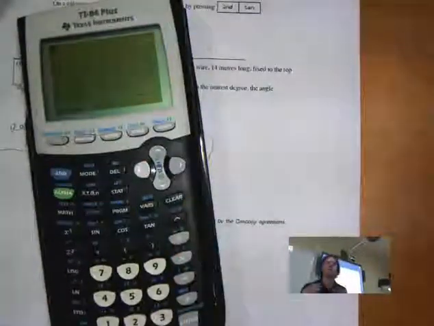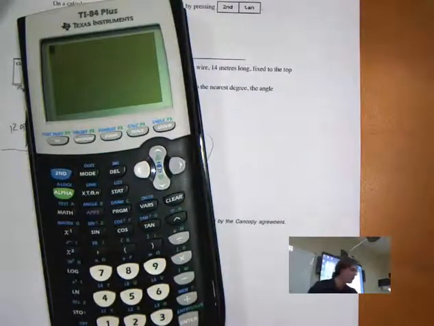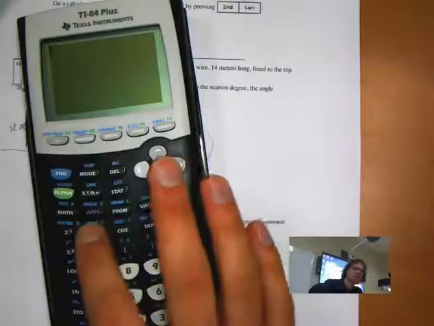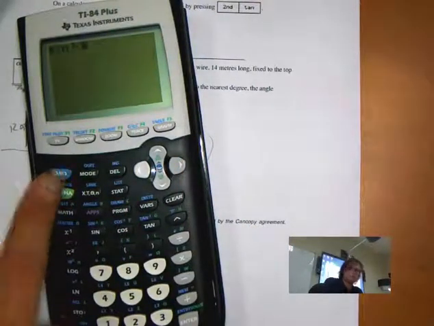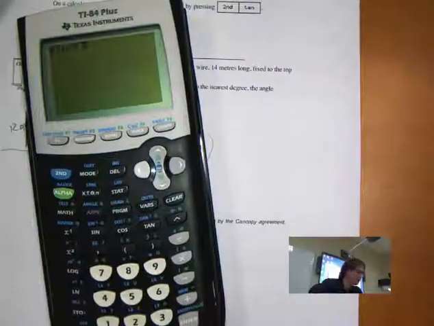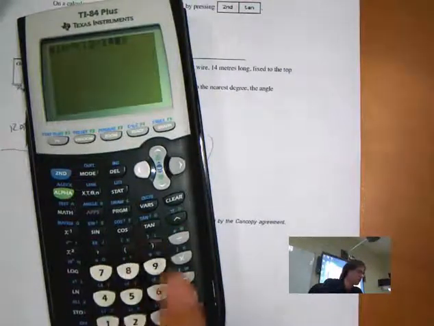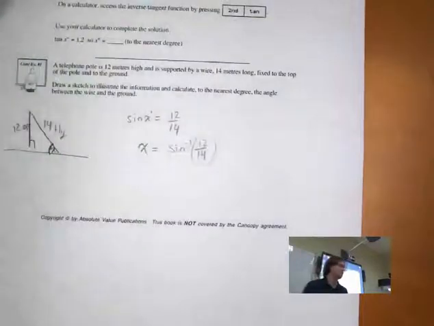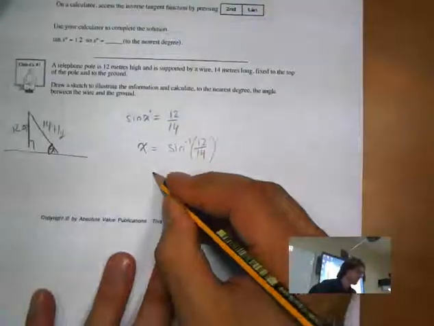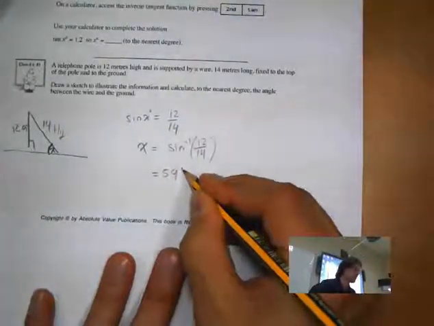We're trying to figure out the angle, so I'm going to go second sine. I push the second button, then the sine button, and then I put in my ratio, 12 divided by 14, and enter. So I get the angle to be 59 degrees. And that is it.